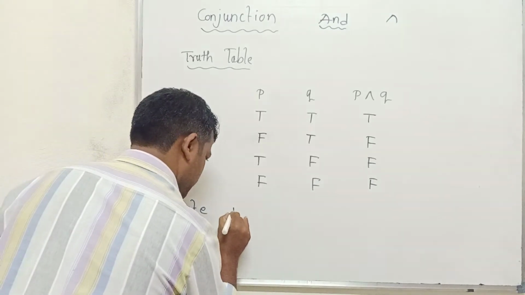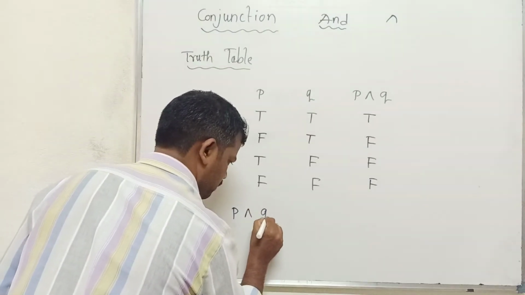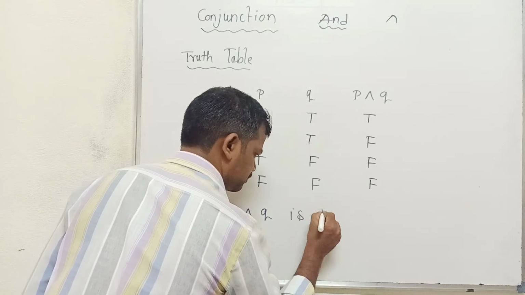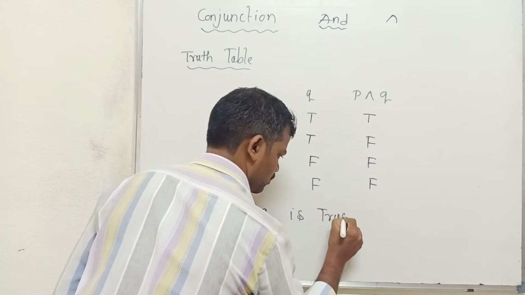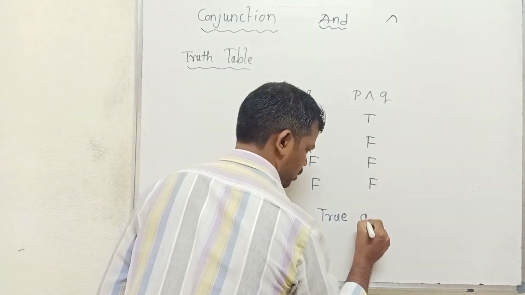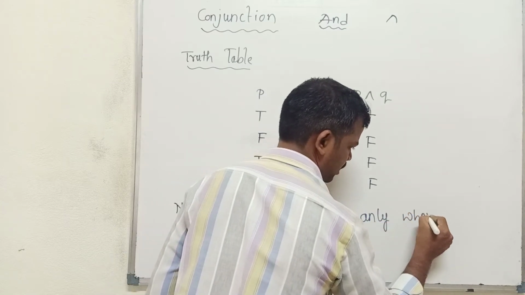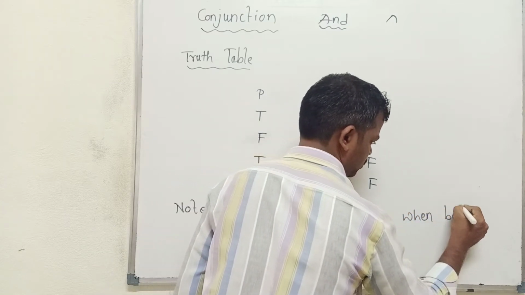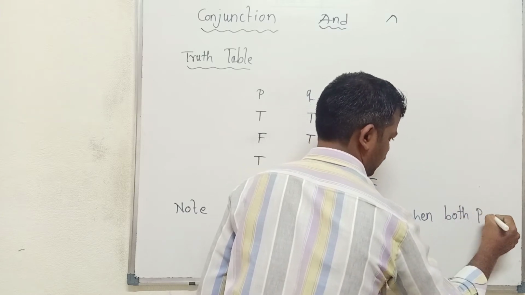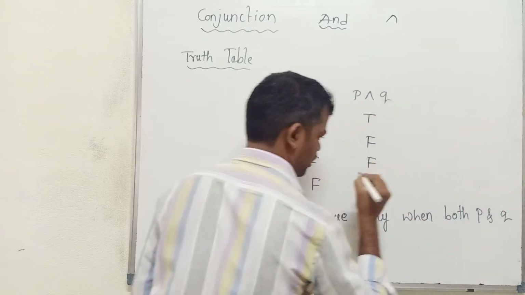So P and Q is true only when both P and Q are true.